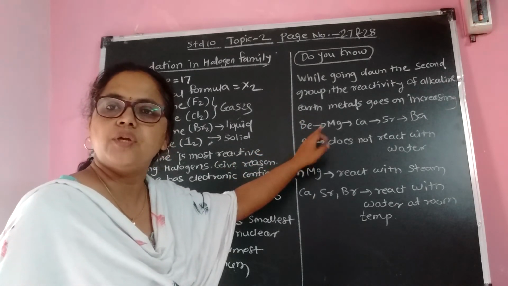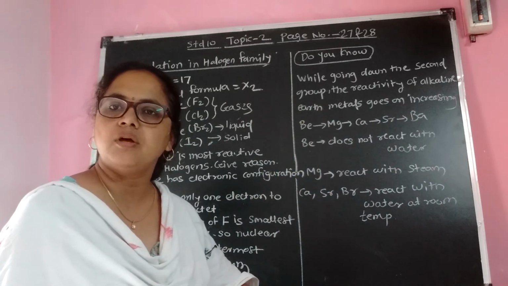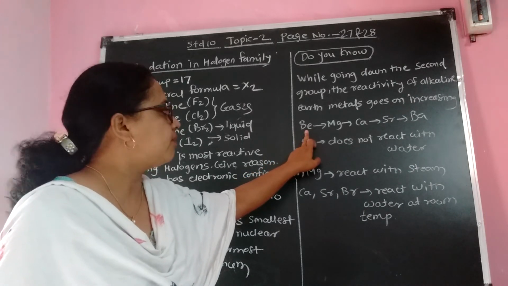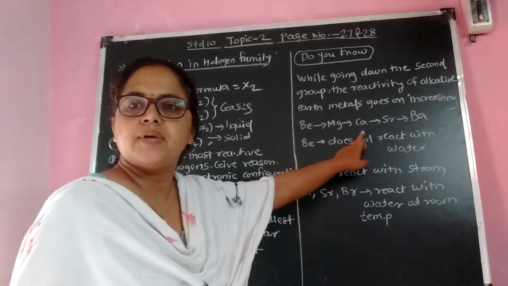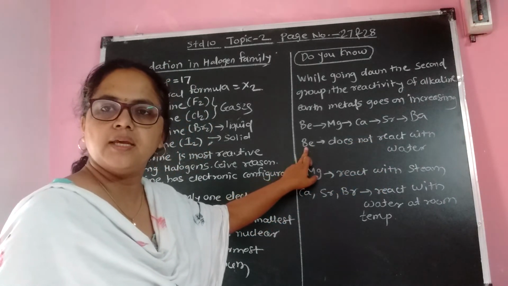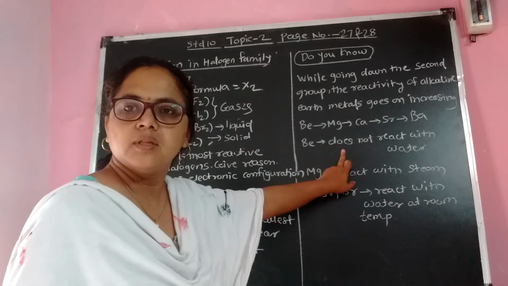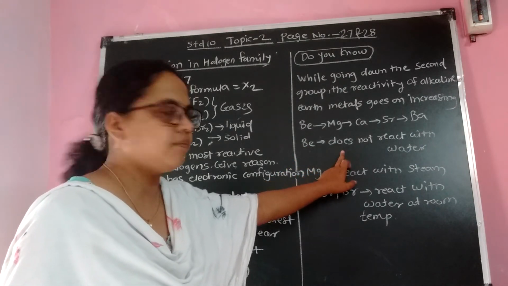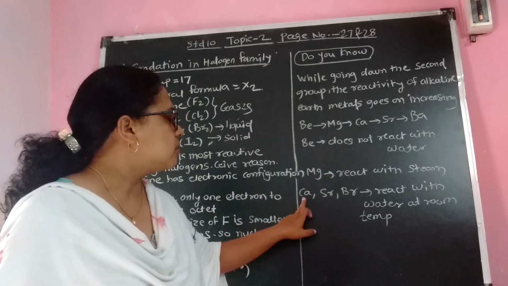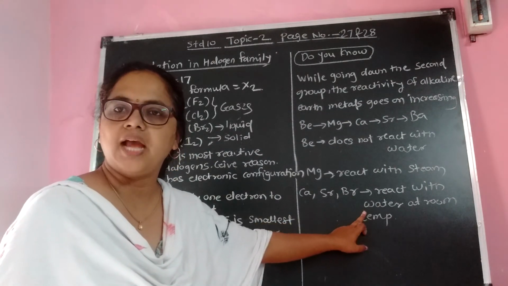That is, as we go down from top to bottom in the second group, reactivity of all the elements goes on increasing. The reactivity increases in this manner: Be, Mg, that is magnesium, calcium, strontium and barium. Be, that is beryllium, does not react with water. Magnesium reacts with steam, and calcium, strontium and barium, these 3 elements react with water at room temperature.